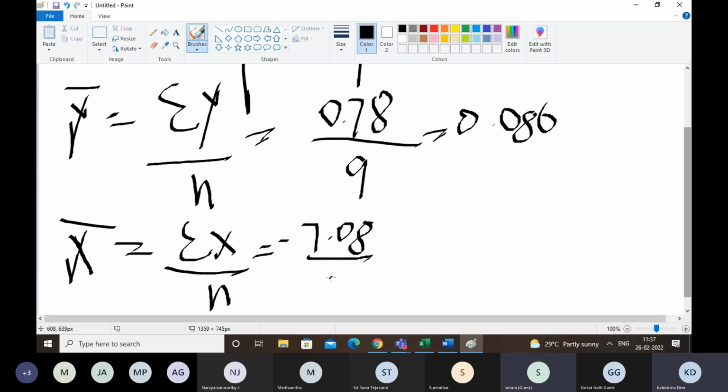Divided by n, 9, is equal to minus 0.7866, ma'am. Okay, 0.786 can be rounded to 0.79. So I found x bar and y bar.